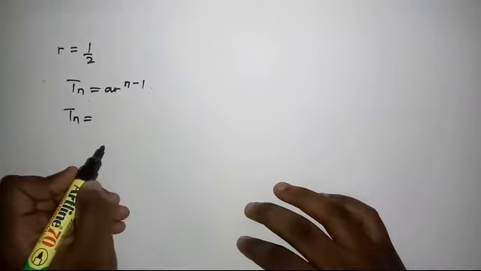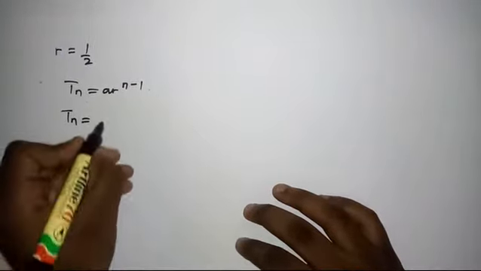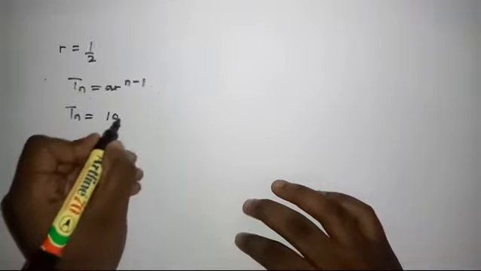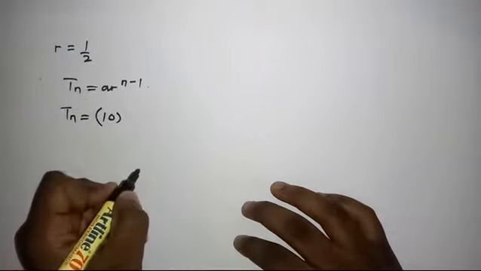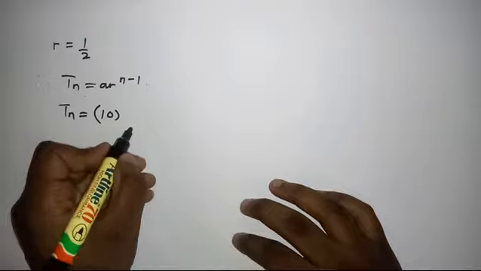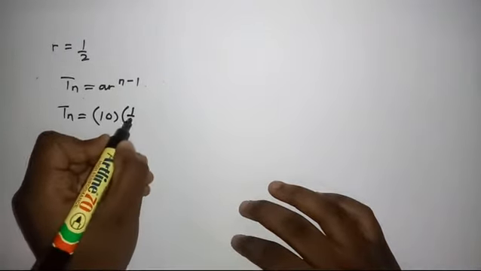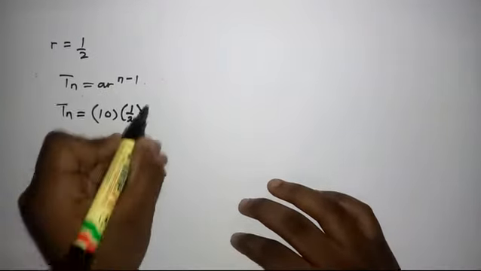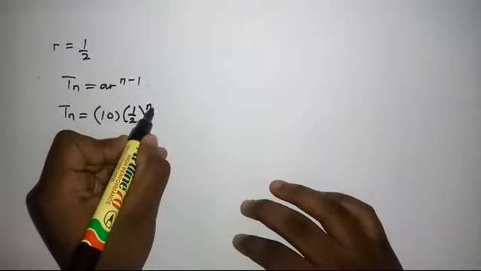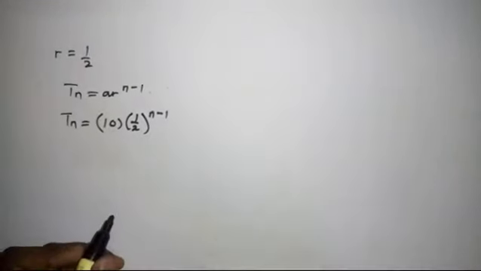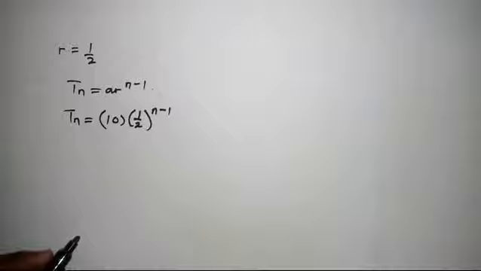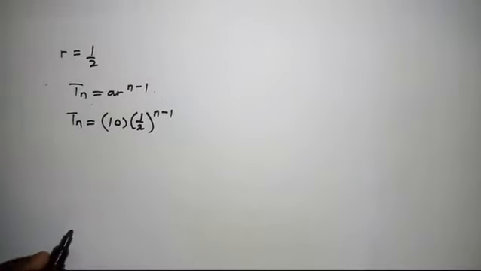As I said, a is the first term. The first term is 10. Then r is the ratio. The ratio is a half. Then it's n minus 1. So n represents the term which you want to calculate.